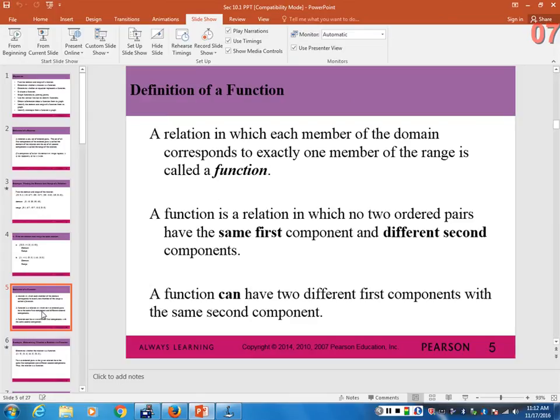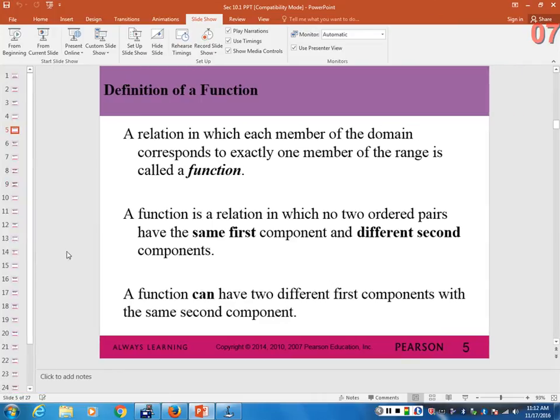Now, here's the definition of a function. A relation in which each member of the domain corresponds to exactly one member of the range is called a function. A function is a relation, and this is just saying it a different way.